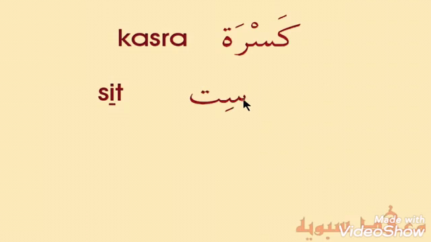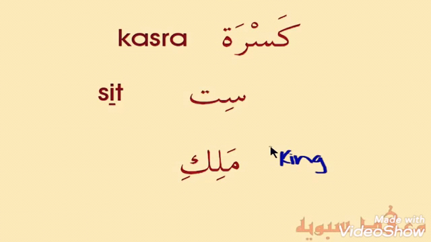So you have the sin with the kasra, si, and that's the ta. So sit. So for example, we have the following word. It's ma, that's a fatha, and then the lam, li, and then the kaf, ki. So maliki. Malik means king. So let me just write this, a king.